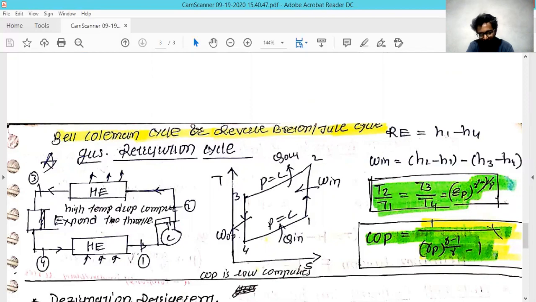Instead of expanding in the capillary tube, in that condition you are not getting any work output. But if you place another expansion device which can give you the PdV work, that is the work output from that expansion process. So this is the only change in this cycle. Apart from that, nothing is changed and everything will be the same.